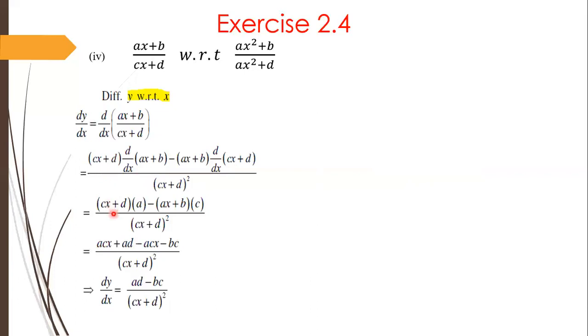Cx plus d as it is, derivative of ax is a. Ax plus b as it is, derivative of cx is c, derivative of d is 0. Open the bracket: acx plus ad minus acx plus bc. Acx and acx cancel out, the remaining terms are ad minus bc over cx plus d whole square.